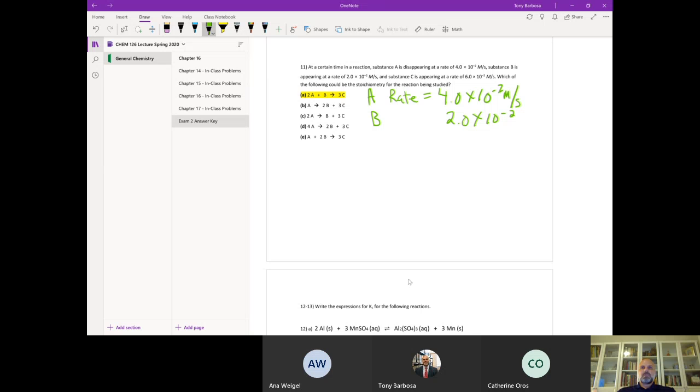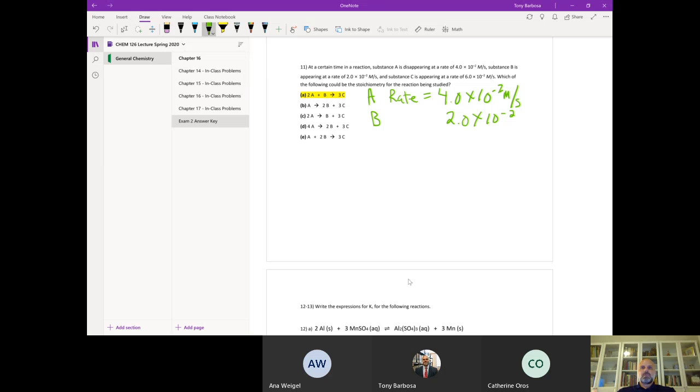And then C was 6.0 times 10 to the minus 2. Then you had to just figure out reaction stoichiometry and recognize the A to B to C ratio, and that since A was disappearing and B and C were appearing, you needed to recognize that.